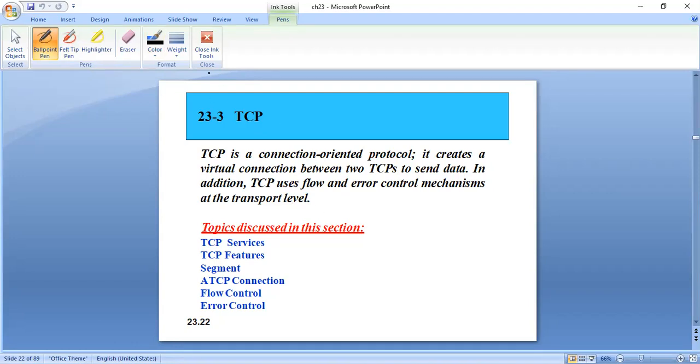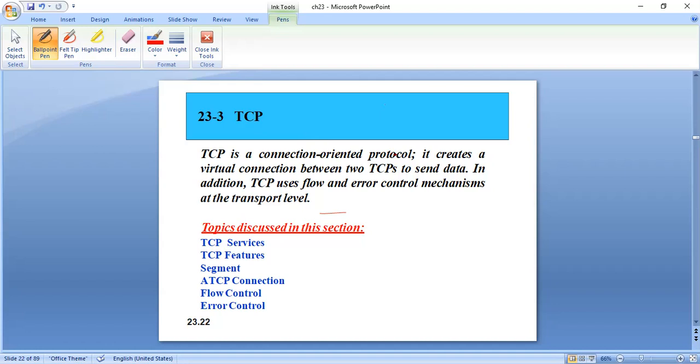So TCP, which is used here. Okay, there is a network failure. Just now we are discussing about TCP.